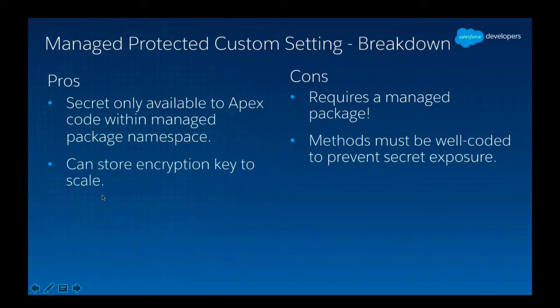Now, if you want to scale this particular model, what you can do is the most secretive data like encryption keys are stored inside managed protected custom settings, and all other data could be encrypted inside your org using that encryption key, and you can use Apex calls to encrypt the data in your org. The cons of this method are you need a managed package in order to use this particular method, and you need to follow certain security guidelines that I'm going to cover in the presentation next if you are using this managed protected custom setting method.